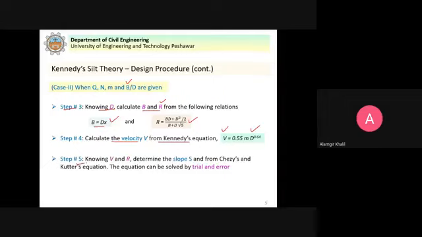Step number 5: knowing the velocity and the hydraulic radius, we can determine the longitudinal slope of the channel from the Chezy and Kutter equation. So this is the Chezy-Kutter equation. You can see here that the Chezy formula is V is equal to C into square root of RS.